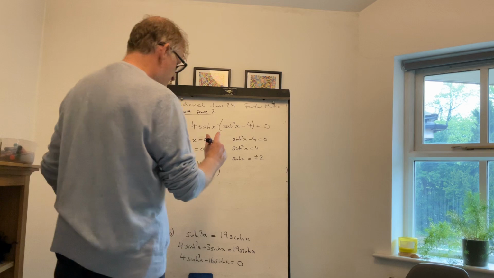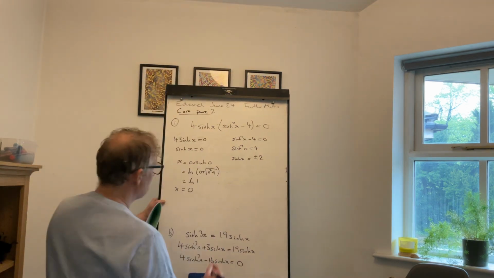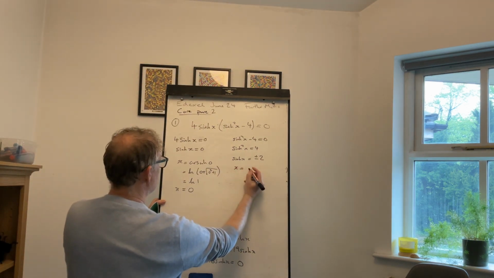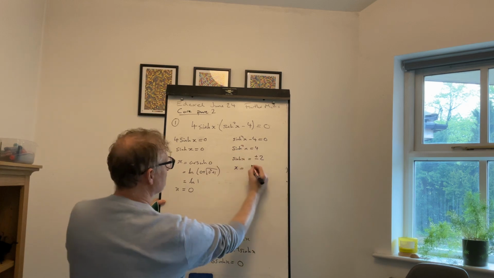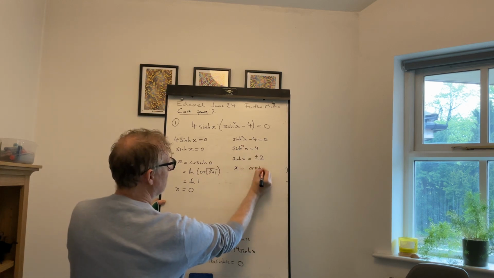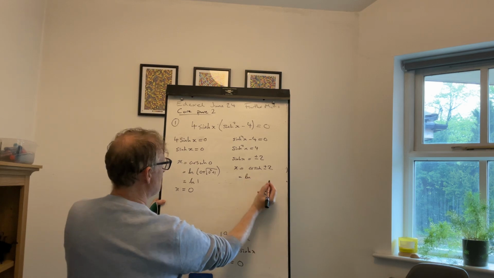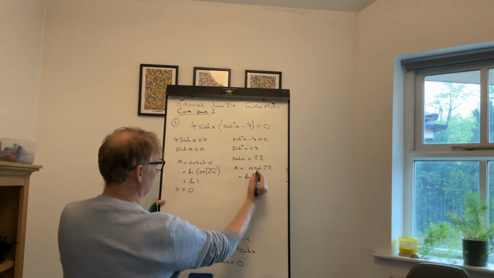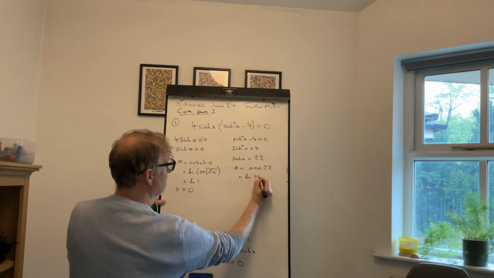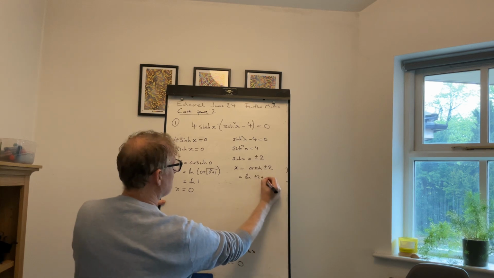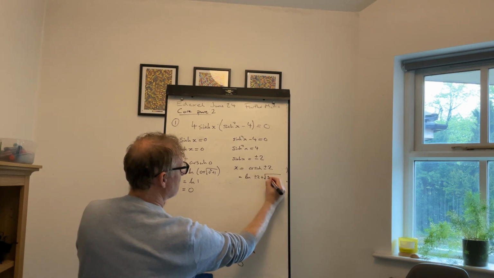So over here, we're going to do it again. So we're going to get x equals arsinh of plus or minus 2. So that's going to give us ln of plus or minus 2 plus the square root of plus or minus 2 squared plus 1.